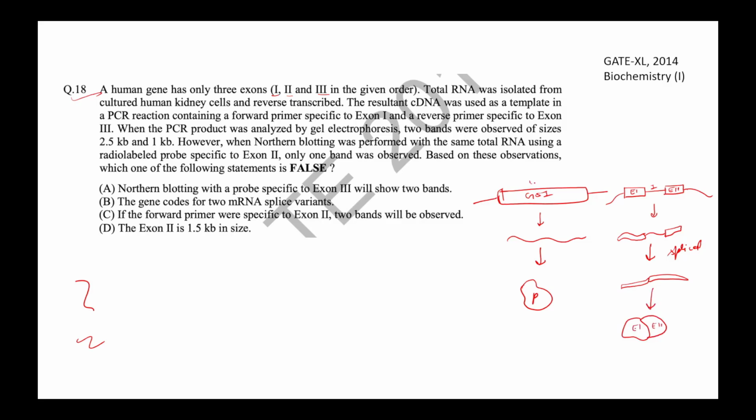So this is exon and this is exon with the intron. Where the intron is present in between the gene, there comes one more step, called splicing.